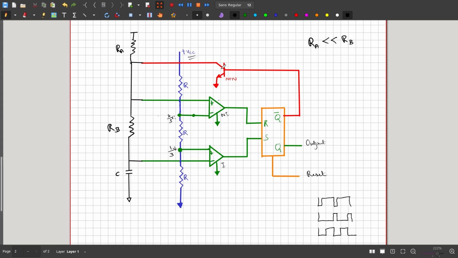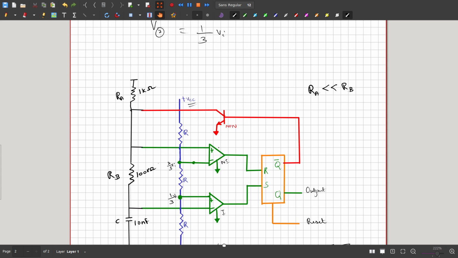So this is 1 kilo ohm, this is 100 kilo ohm, and this is around 10 nanofarad. 10 nanofarad capacitor. So this is the circuit for an astable multivibrator.